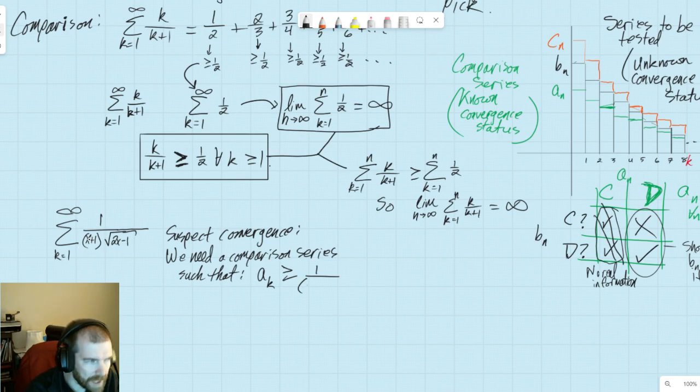Oops, that's supposed to be k's, not x's. All right. Over k plus 1 times the square root of 2k plus 1.